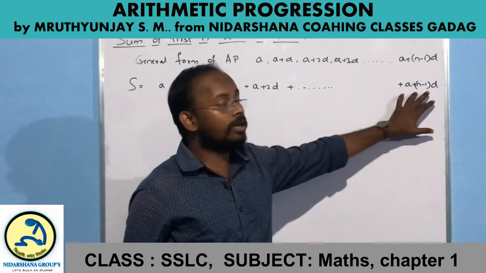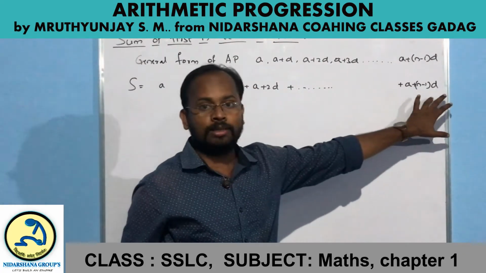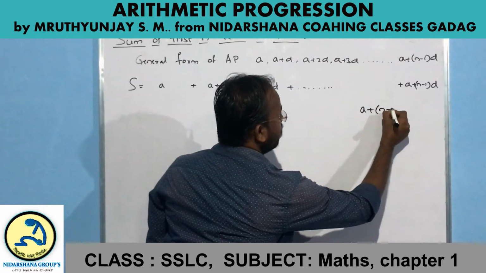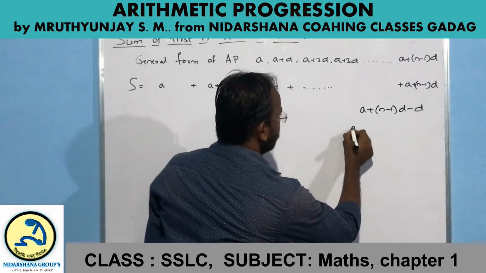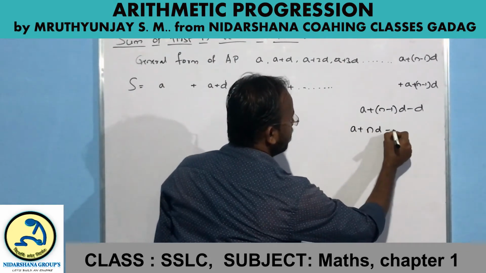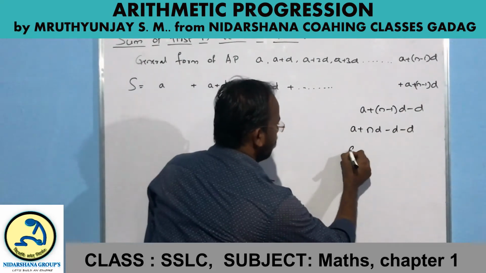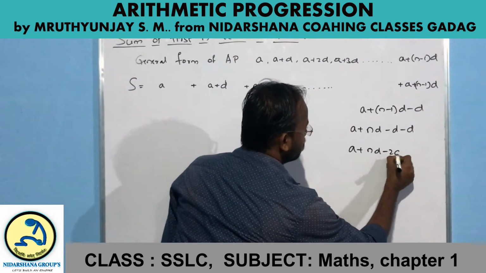To get the last but one term, we need to subtract 1d from this, so it becomes a plus n minus 1 into d minus d. That is a plus nd minus d minus d, it becomes minus 2d.